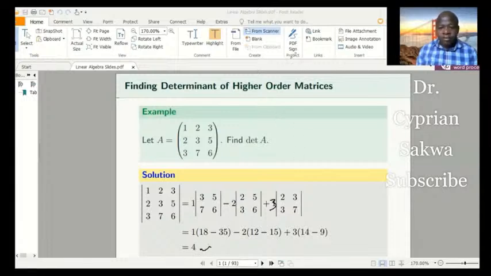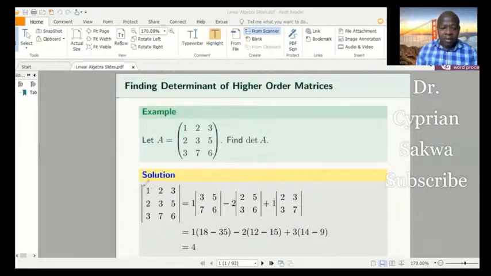Now, what this means again is that we can find the determinant of this matrix along any row and along any column. So look at this. We found it along row 1. You can also decide to find it along row 2, or along column 1, or along column 2. So let's try and do it along column 1.